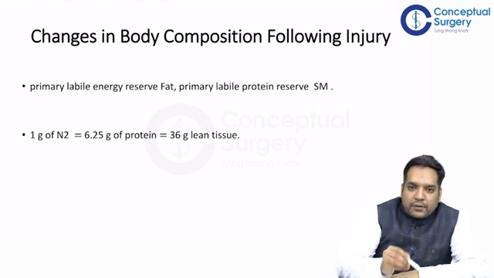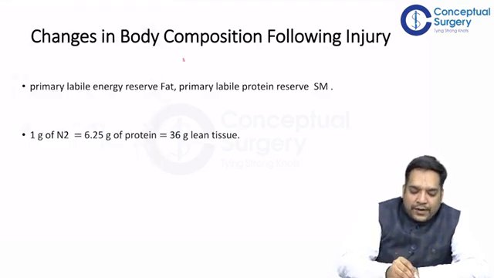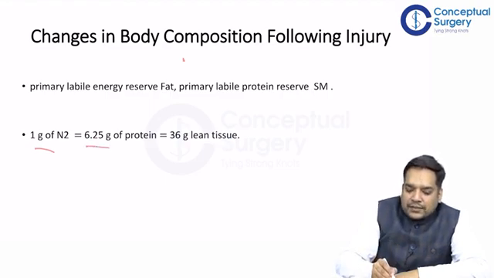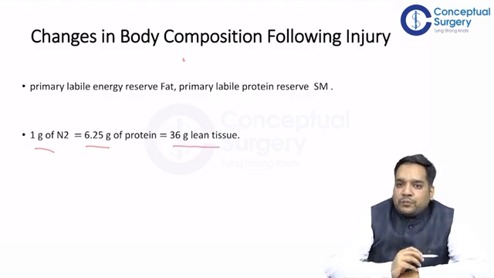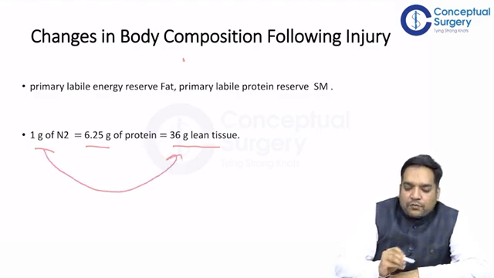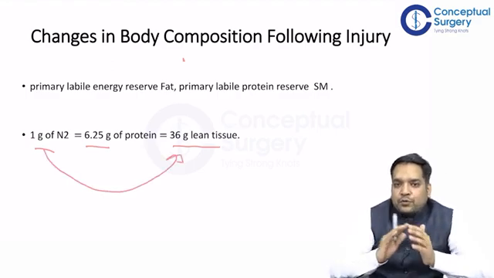Also please remember 1 gram of nitrogen is equivalent to 6.25 gram of protein, which is also equivalent to 36 gram of lean tissue. Lean tissue means tissue which doesn't contain fat. These are the important comparisons.